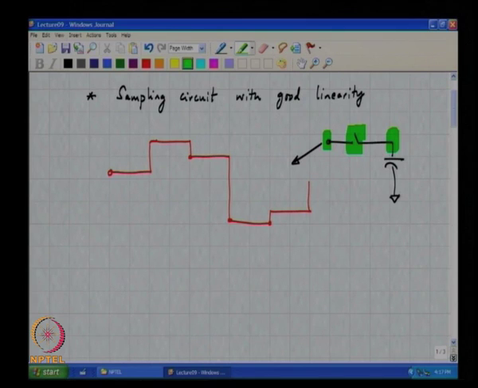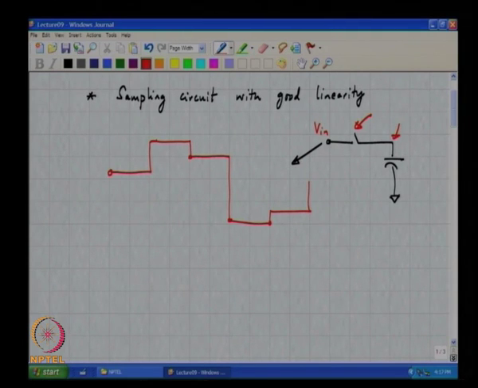So, in other words, just before you open the switch, and which switch are we talking about? This switch. Just before I open that switch, the voltage here will be virtually the same as the voltage at the input. Does this make sense?